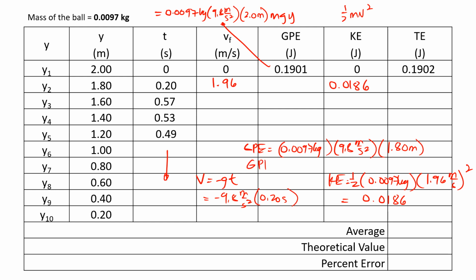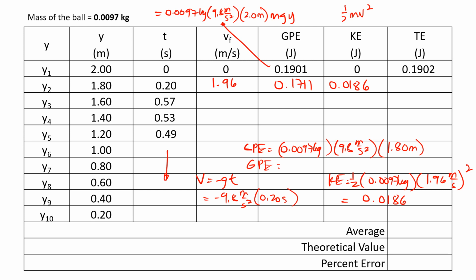So the GPE, or gravitational potential energy, is equal to 0.1711 kJ.